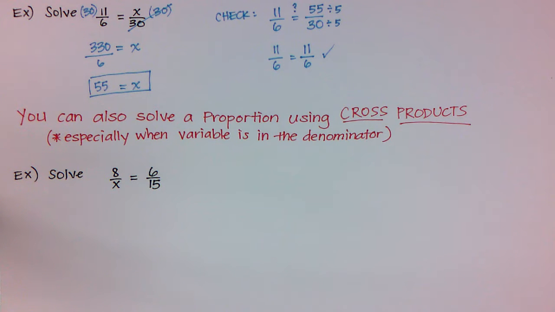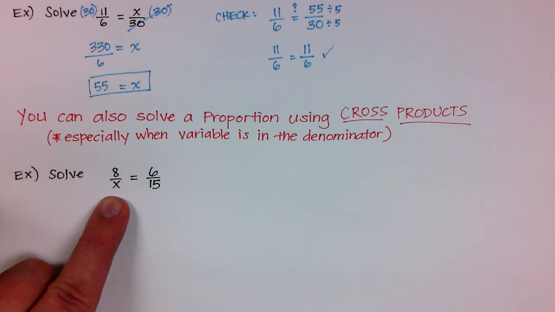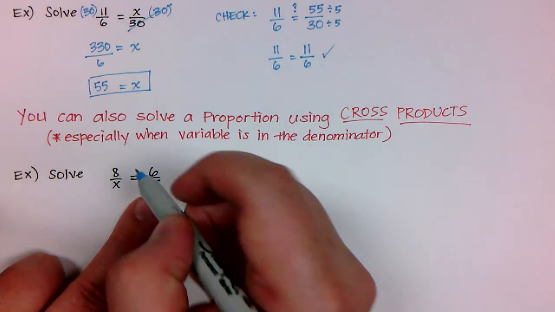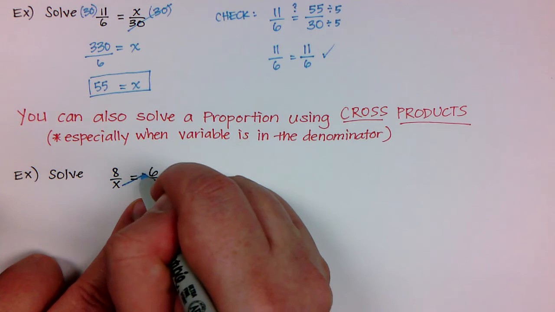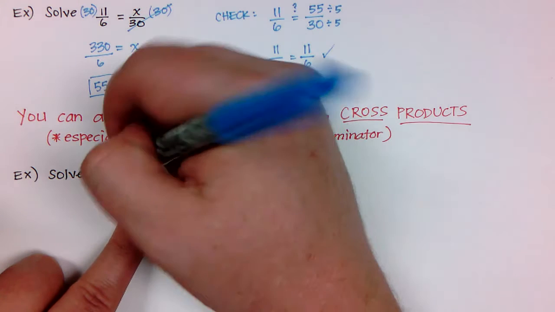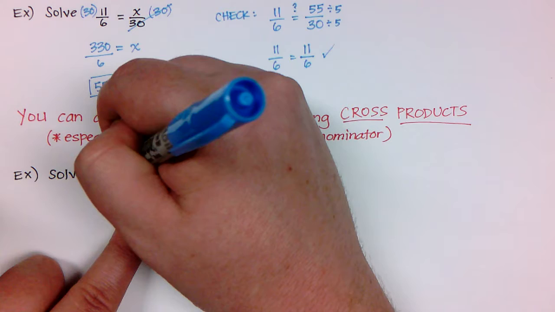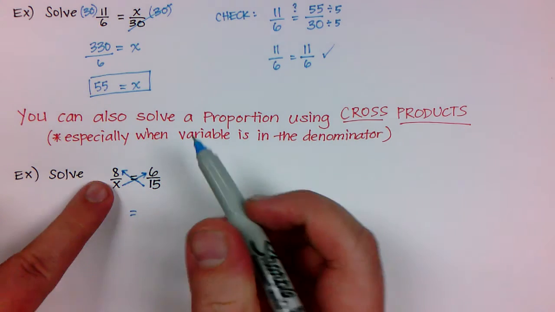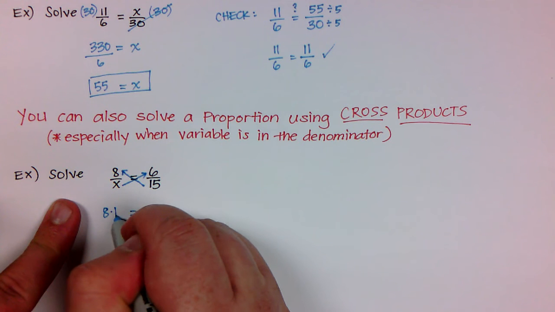So in this case, I have 8 over x is equal to 6 over 15. So when we do cross products, we're going to multiply going diagonally, and it's going to make a cross going straight across like so. So on this left-hand side, I'm going to multiply 8 times 15.